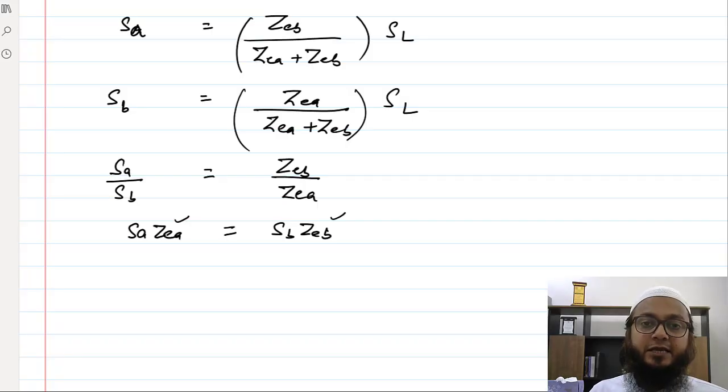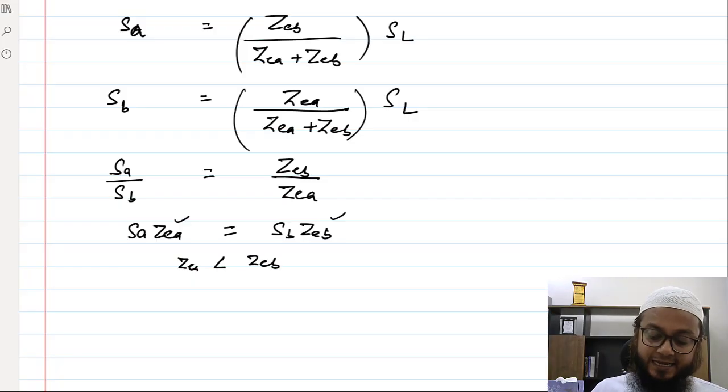Okay, but let's say if the impedance of transformer A, ZEA, is smaller than ZEB, then what will happen? Then you can see that transformer A will take more apparent power than B, because this product has to be same.